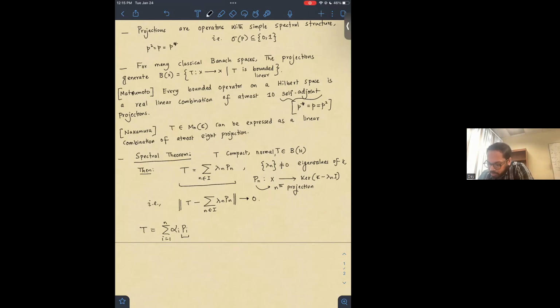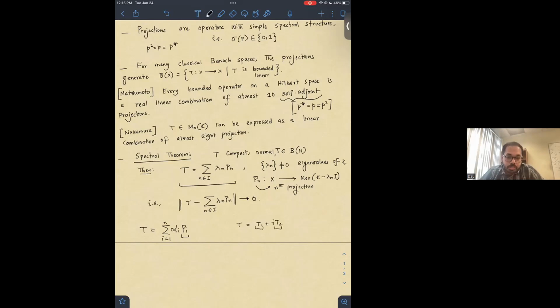Oh, no, but yeah, every operator you can write it as a sum of 2 self-adjoints, T1 and T2. But here they are not a real linear combination, because this is i times T2. That's a different thing. So every operator you can write as a sum of 2 self-adjoints, T1, T2.